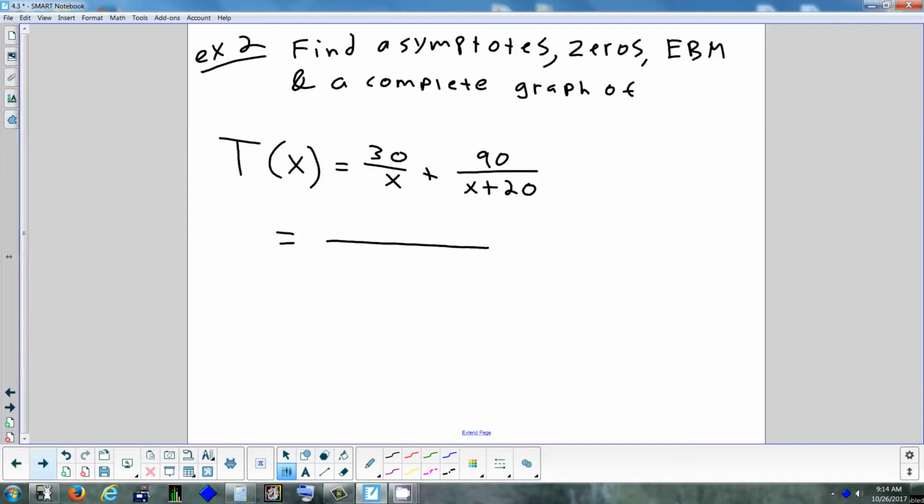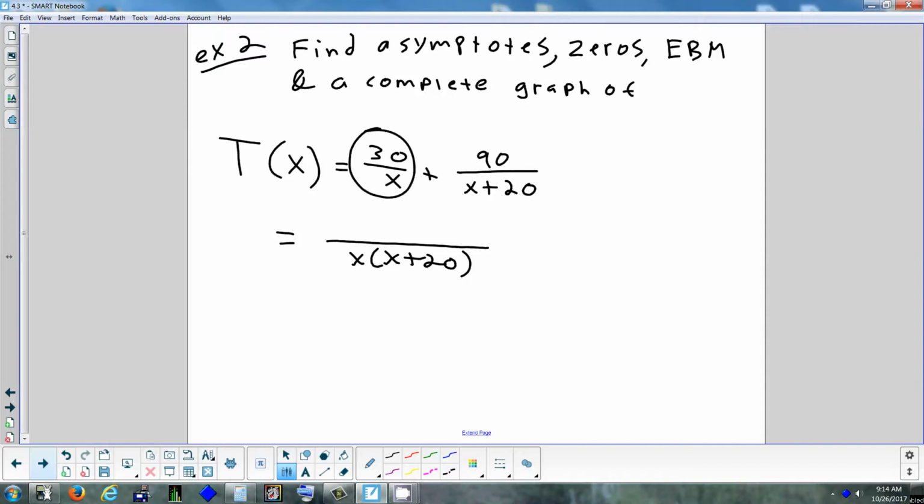Okay, so my common denominator would just be the product of the two that I have, x times x plus 20. And what is the first fraction missing to make it have a common denominator? Sam? It's missing x plus 20. So I'm going to multiply top and bottom of this fraction by x plus 20.